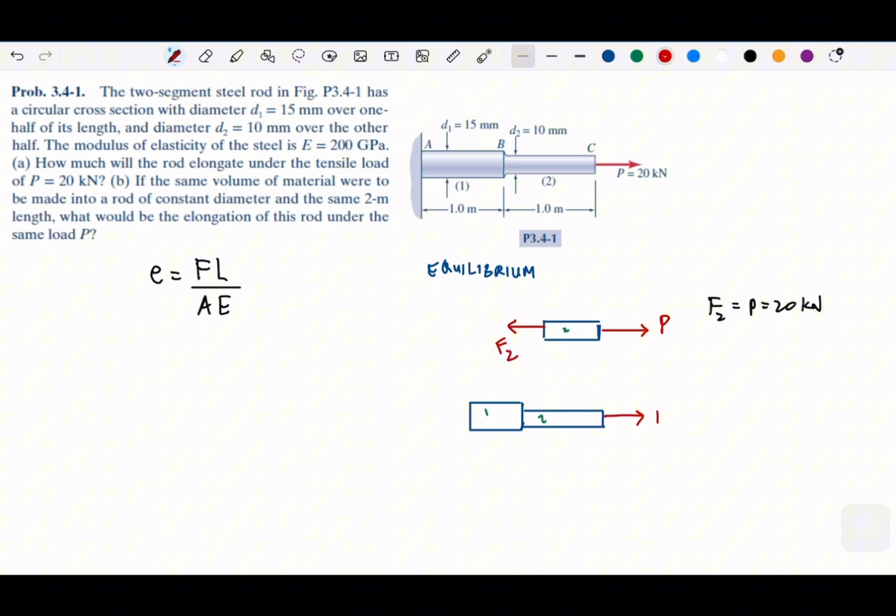This is also the same. This just shows you the steps for every procedure. We need to start with the equilibrium. So F1 is also 20 kilonewton. And then we can find the elongation of each one of them.